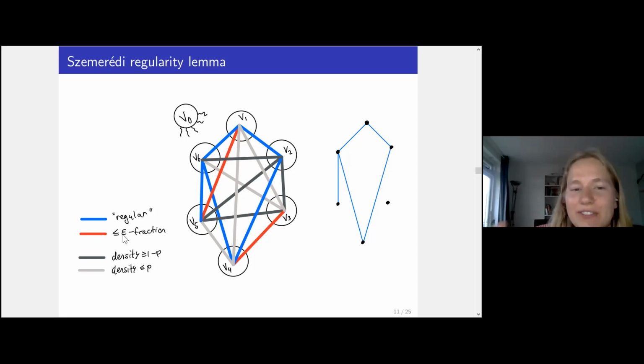And then for any graph you give it, it gives you a nice partition. And one important property is that this nice partition is in a constant number of parts. So even if you give it 1,000,000 vertices, it will still give you at most a constant number of parts.